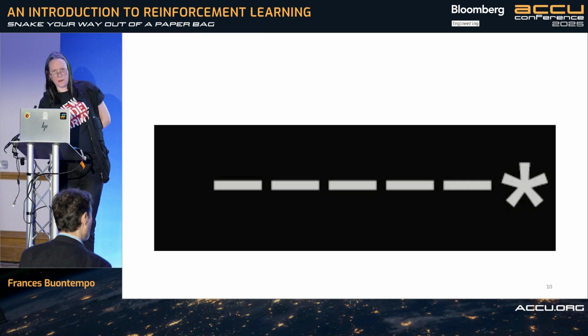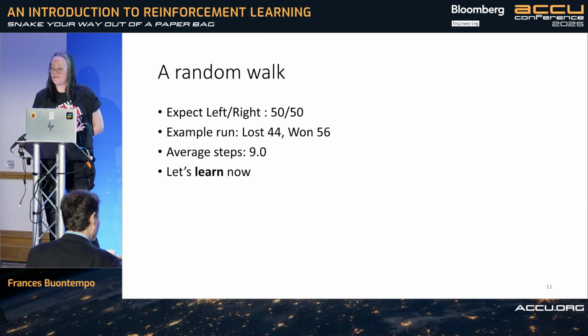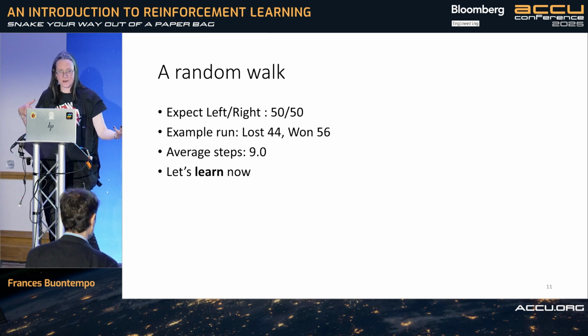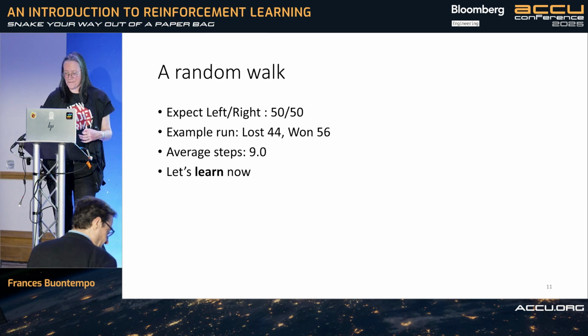So that one got a +1. But we're not learning anything yet. So we've got just the random walk there. And on one run through, I did get nearly 50-50 going out of the left or out of the right, which you'd expect. And of course, there's no guarantee this will ever stop, because it could go left, right, theoretically, forever.